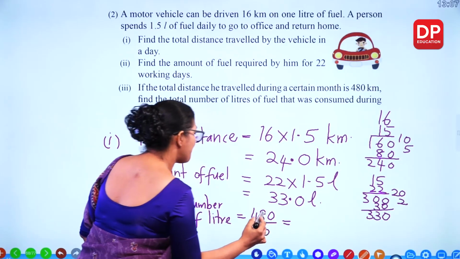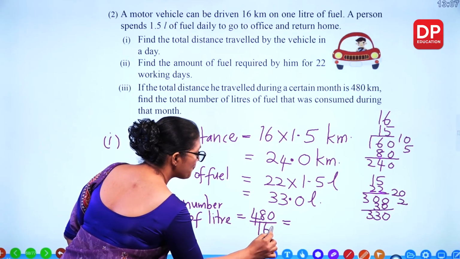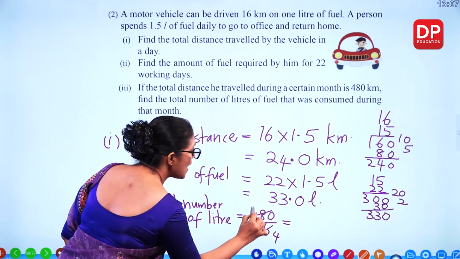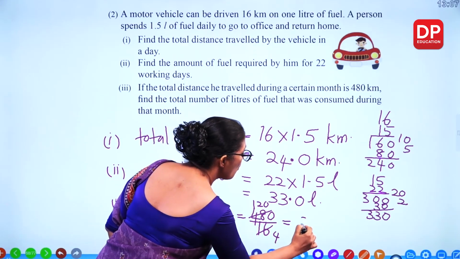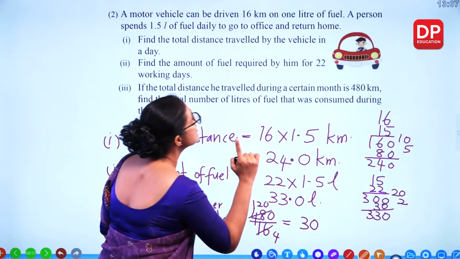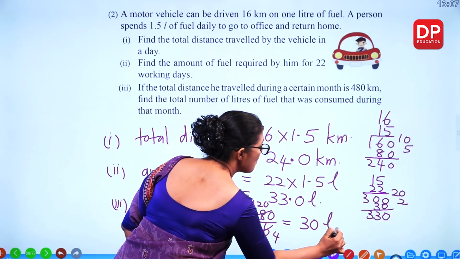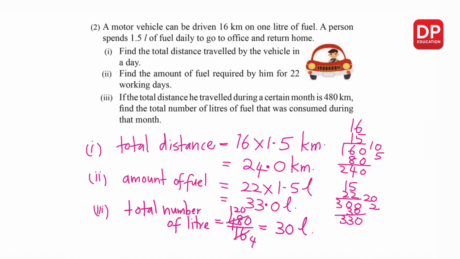So what's the value? We'll first divide by 4. 4 times 4, 4 times 120. So 120 divided by 4, you get 30. So this is in liters. So you need 30 liters.